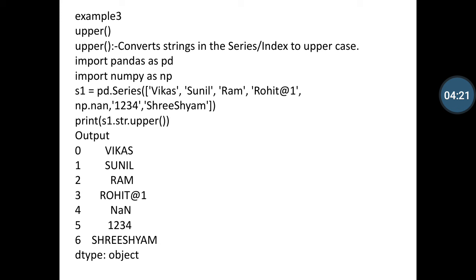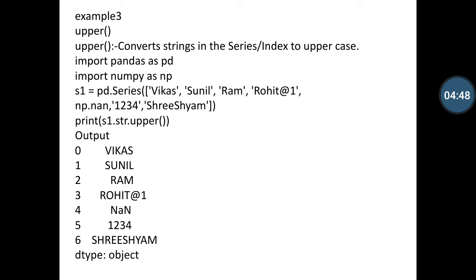And example 3 is used for the upper method. It is also used to convert the values to uppercase, or capital letters. So I am creating an s1 variable, creating a series and putting in the values Vikas, Sunil, Ram, Rohit, and none value, and 1234 and Shri Sham.